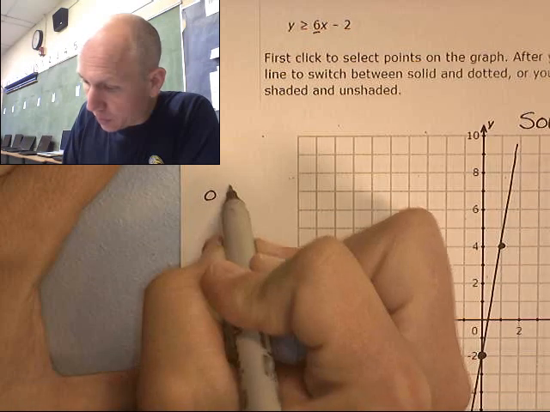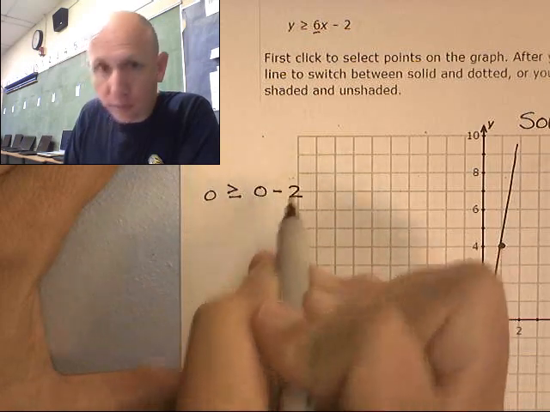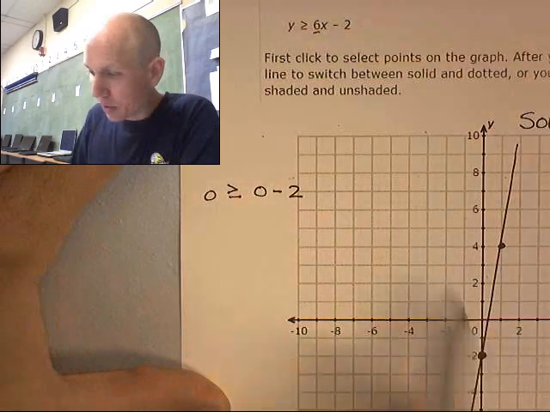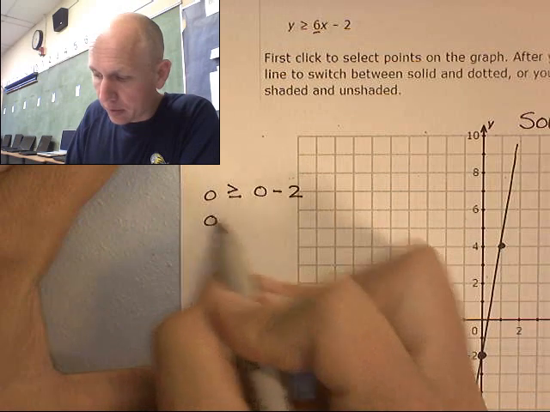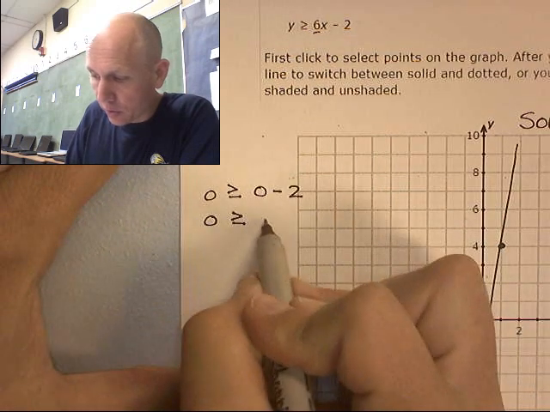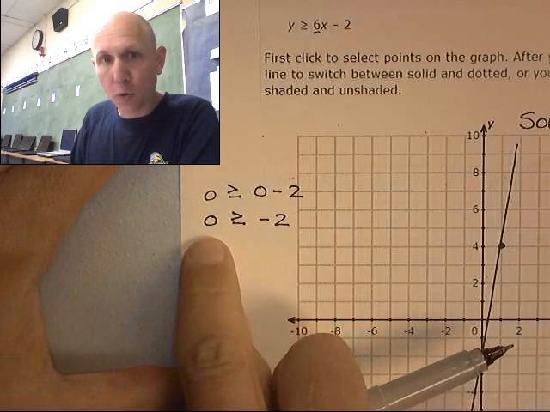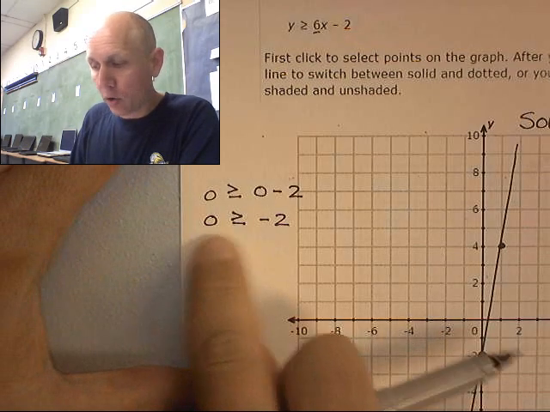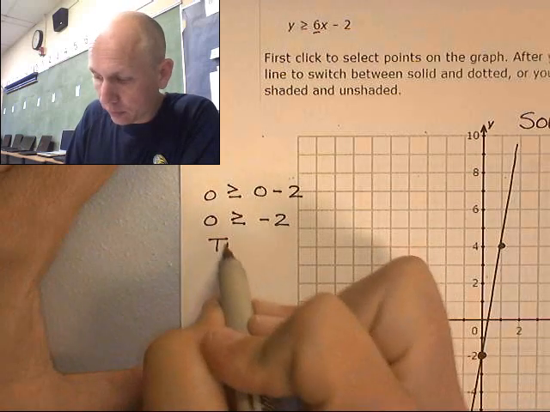0 is greater than or equal to 0 minus 2. I plugged 0, 0 into this equation. 0 is greater than or equal to -2. Is this true or false? Is 0 greater than or equal to negative 2? This is true.